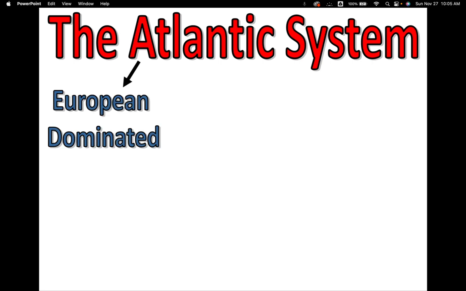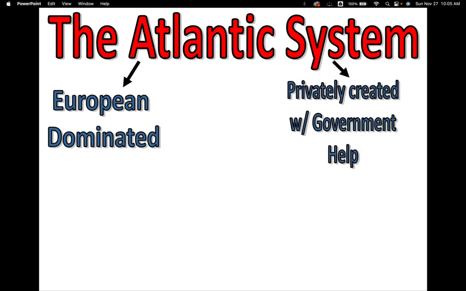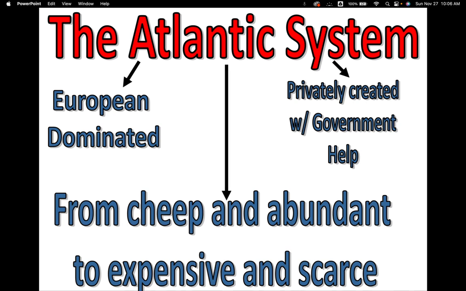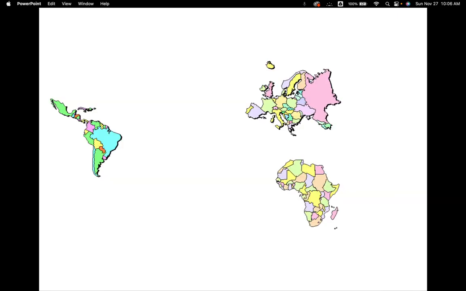This system was dominated by Europeans and was privately created by individuals, usually second sons, and joint stock companies, with some government help. And the flow of this was essentially commodities flowing from where they're cheap and abundant to where they're expensive and scarce. So it's going to be made up of three main legs.